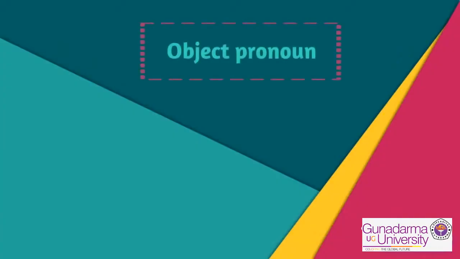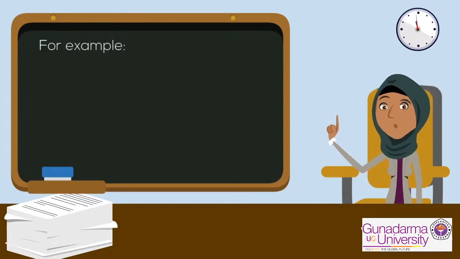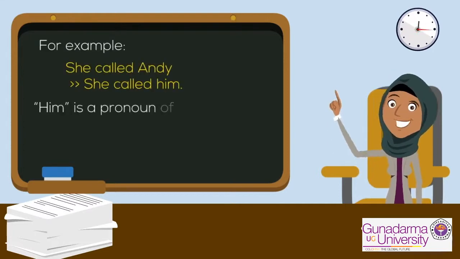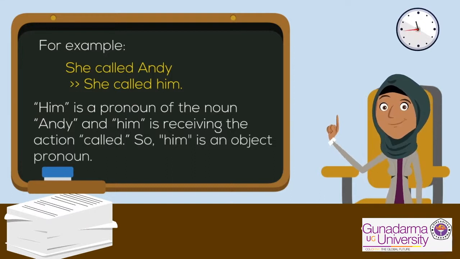Object pronoun. Meanwhile, an object pronoun is someone or something that receives the action of the subject. It acts as an object in a sentence. For example, she called Andy. She called him. Him is a pronoun of the noun Andy, and him is receiving the action called, so him is an object pronoun.